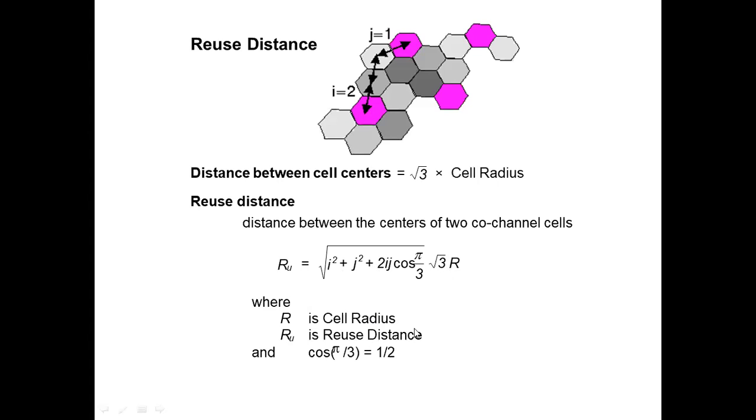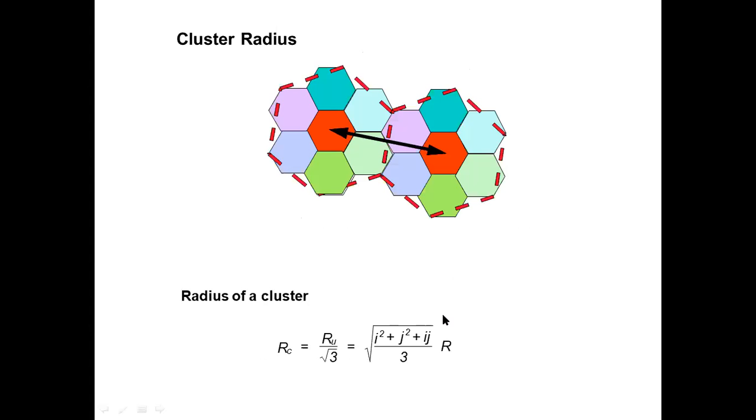Cell radius, reuse distance, and the radius of the cluster I can determine. These are the design aspects of the cellular system when I try to implement a particular cellular coverage area for the given frequency spectrum. What should be the distance between the centers of two clusters? These are some design aspects.